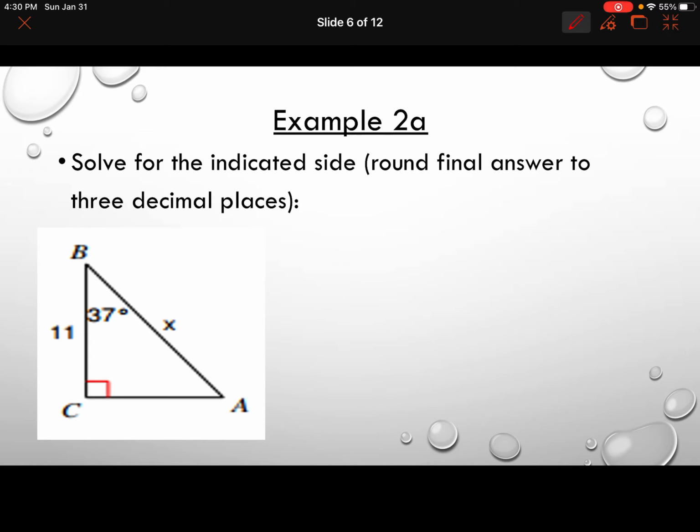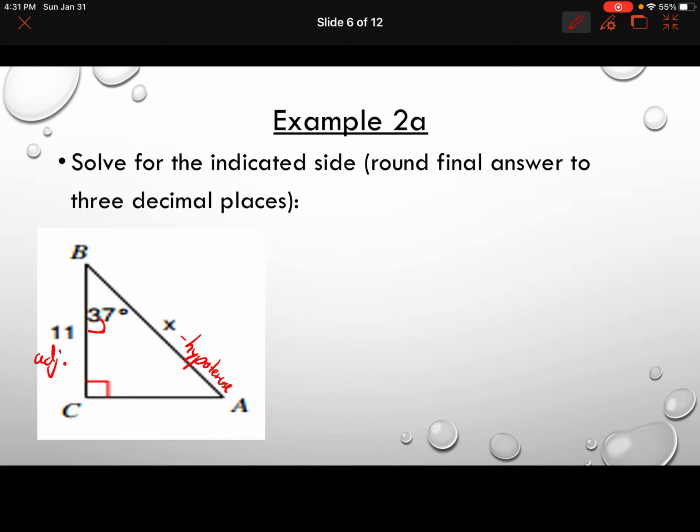So let's do that. The hypotenuse is the easiest one because it is the longest side of the triangle, and it is always the side opposite the right angle. The side right next to the 37 degrees is the adjacent.